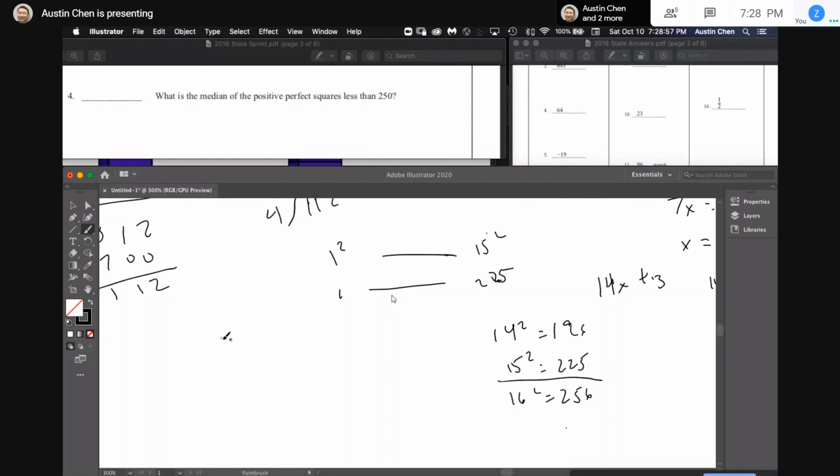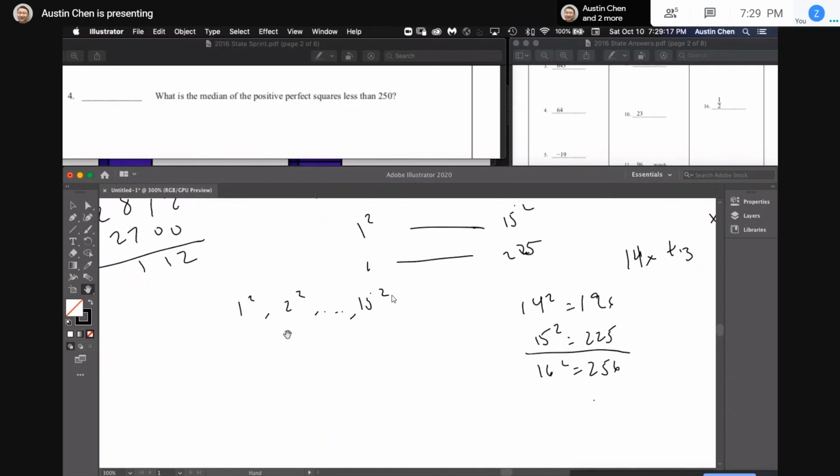We can think of it as our set of integers squared, find the median of that set, and then find the square of that median, and that will be our answer.